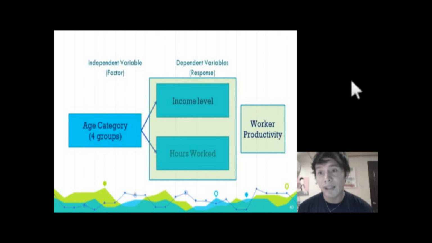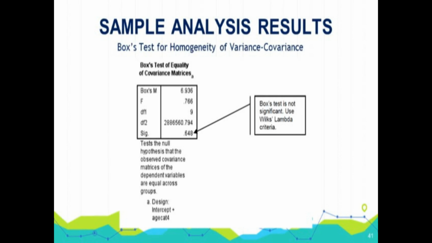Let's look back again at our independent variables and our dependent variables as shown in the picture. For step 1, the Box's test for homogeneity of variance-covariance, as you can see in the illustration, is not significant. So we're going to use the Wilks' lambda criteria. Our p-value here is 0.648.